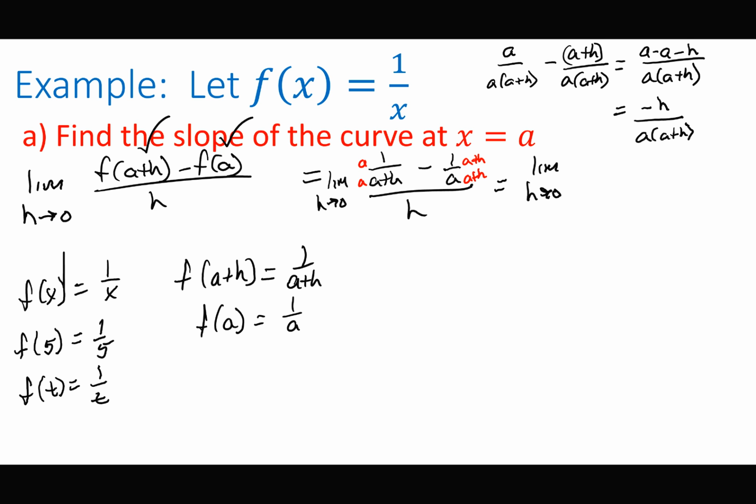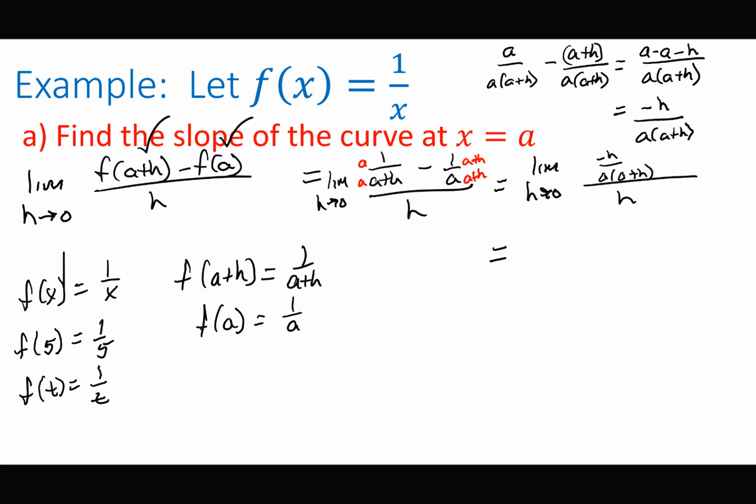Okay, that is only the numerator. We still have the denominator here of h, but now in my numerator I have that negative h over a times a plus h. Good to this point, all we've done is subtract fractions. Okay, it's looking like a lot of variables, but it's going to get better.